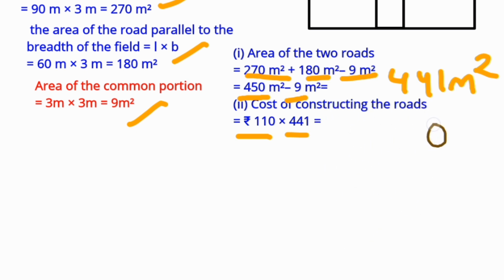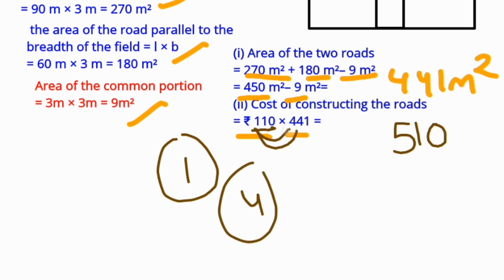Write 0 at last, as we were having 0 here in 110. Now 11 ones are 11, 1 carry. 11 fours are 44 plus 1, 45. 4 carry. Now 11 fours are 44 plus 4, 48. So 48,510 is the cost of constructing the two roads.